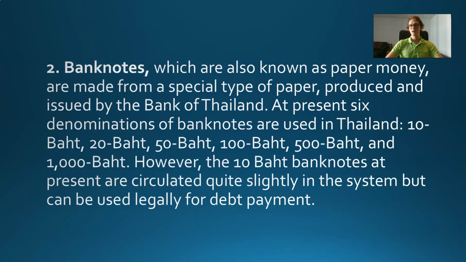However, the 10 baht banknotes at present are circulated quite slightly, that means only a little bit, in the system, but can be used legally for debt payment. Okay, so I've never seen a 10 baht banknote. Many of you probably have not, but they do exist, and you can use them to pay debts instead of coins.